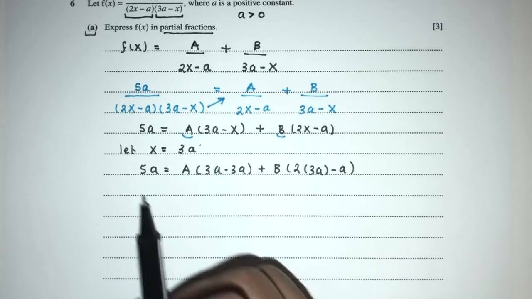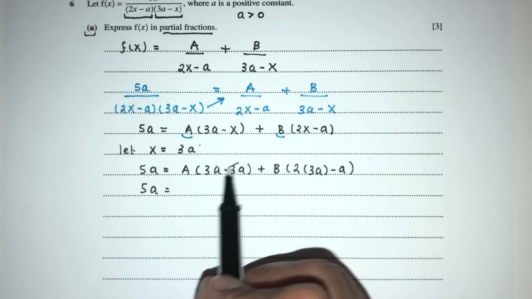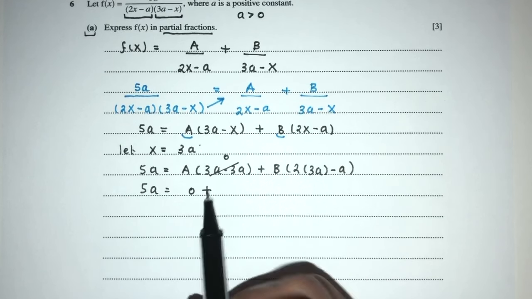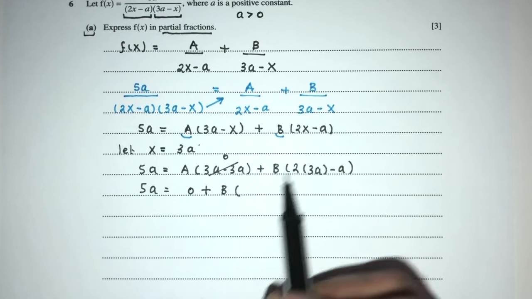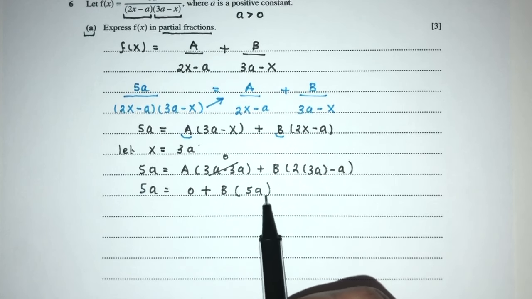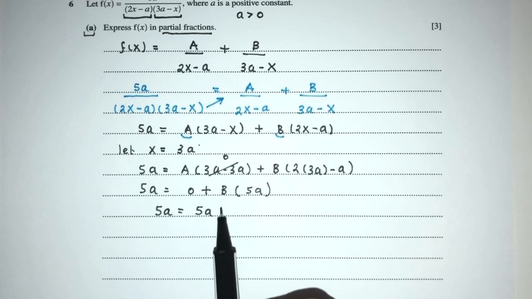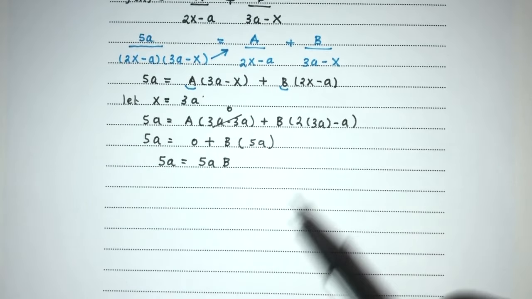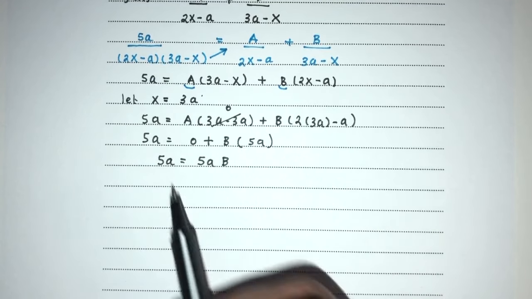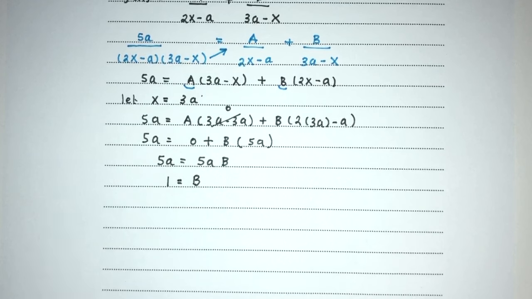Right, you will have 5a is equal to, this will be 0, right? That will be 0 plus B, and this will give you 6 minus 1, that will be 5a. So we have 5a is equal to 5aB. So by just simply dividing by 5a, you will have 1 is equal to the value of B. That is my first value here for this equation.